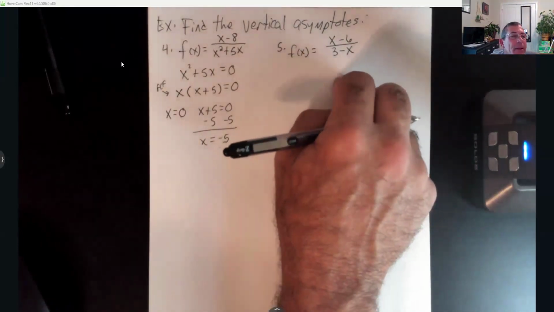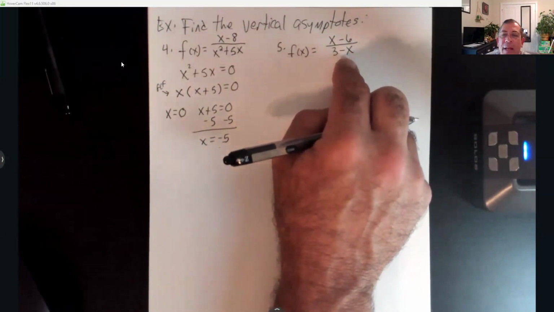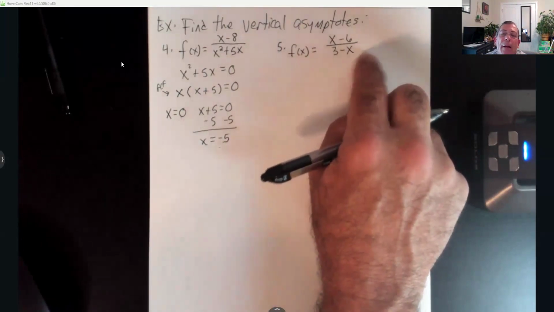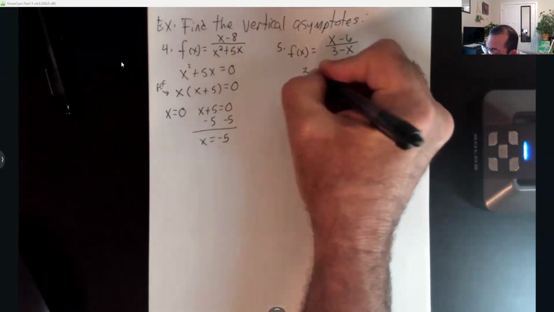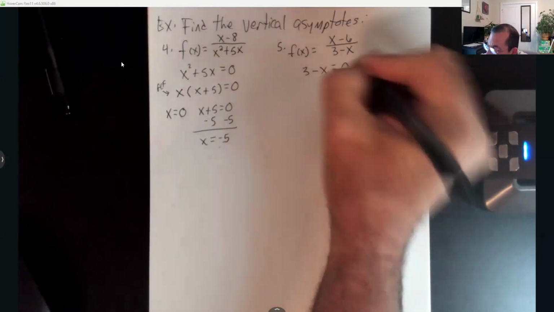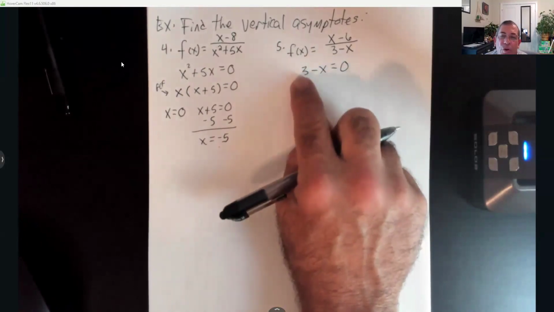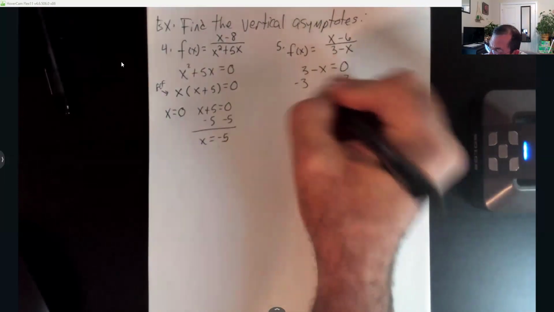Okay? So let's see. Eve, I think what happened on yours to get that, you must have pulled the 3 over, but you would have had a negative x still. So on that one, the quickest way would be to add an x to both sides and you get x equals 3. But let me show you what happens if you move the 3.